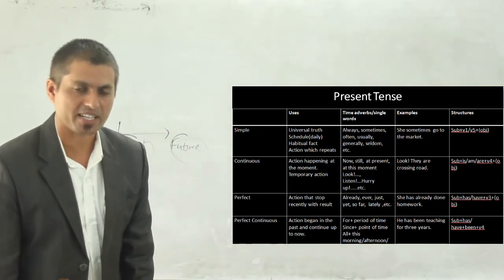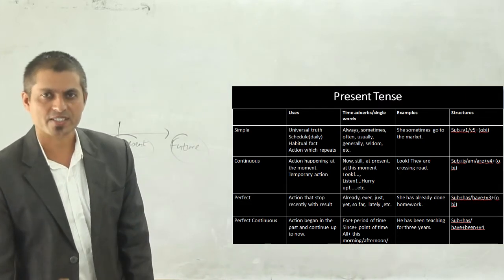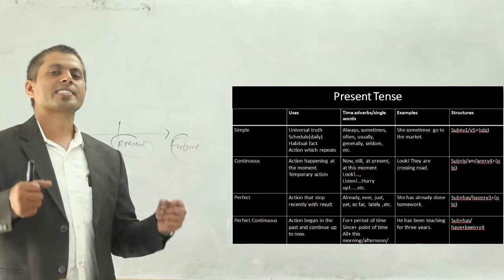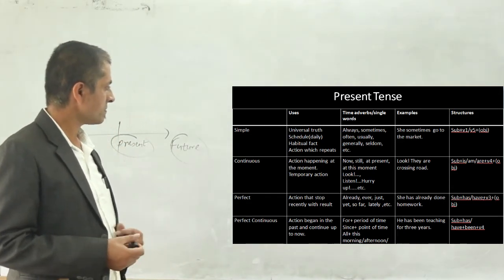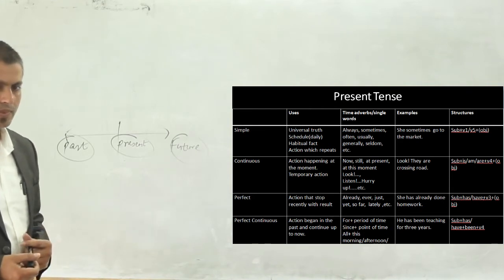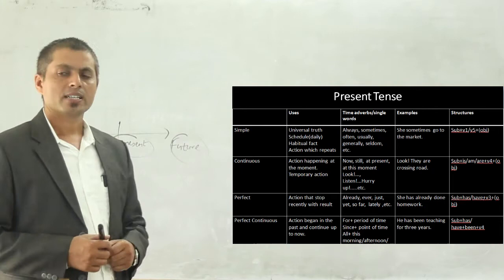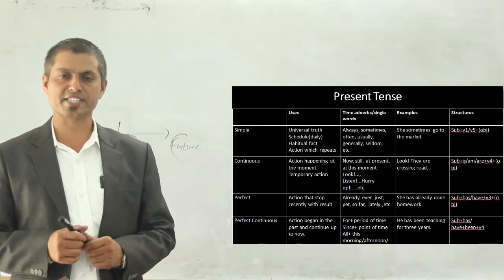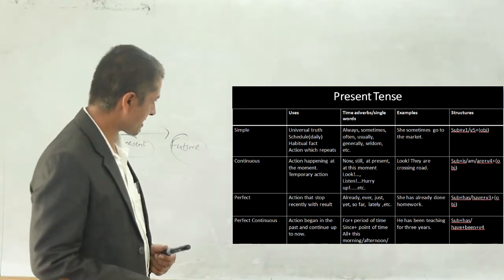You are taking a grammar class as well. You are having your breakfast, lunch, meal, etc. So at the time of speaking, and also a temporary action, which is not permanently done, in that situation also we use present continuous tense.